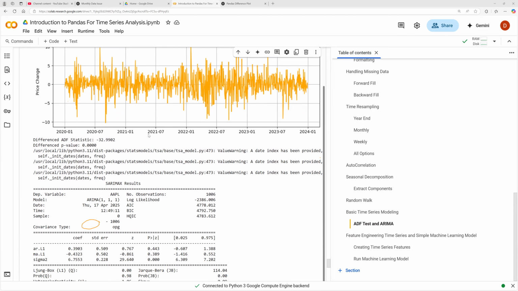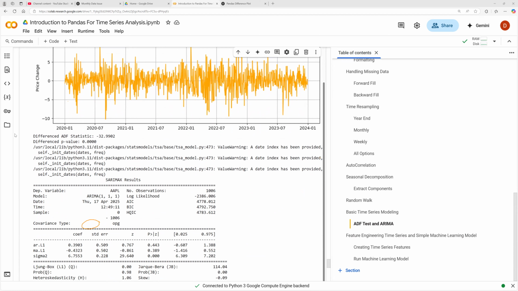Then we get some output for this function. We could pretty much see that these aren't that great. These are the first two that I would look at. They're not statistically significant. Here's the Akaike information criterion where it optimized it.